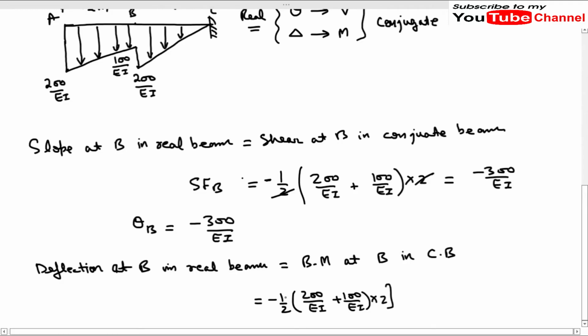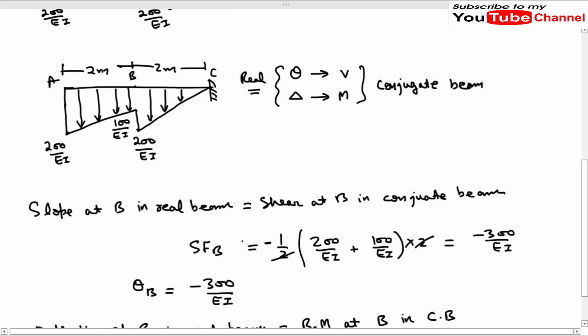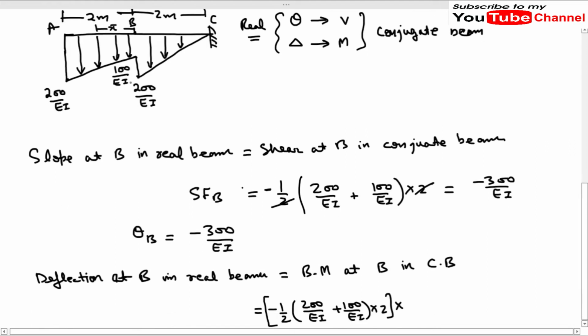This is the area of this trapezoid AB, with 100 by EI and 200 by EI. Now the distance of the CG of this trapezoid from B, because we are finding the bending moment about B, about this point. This will be the distance of CG.